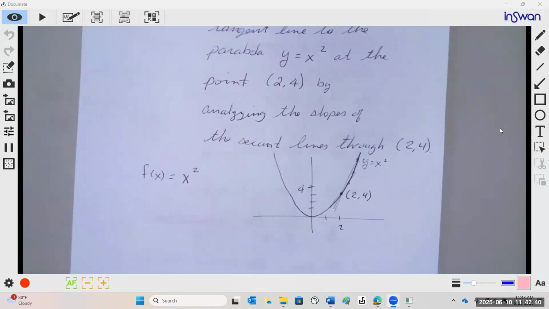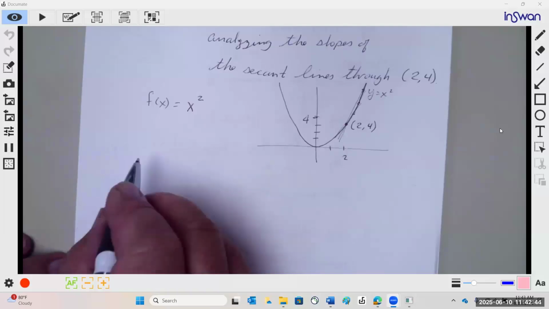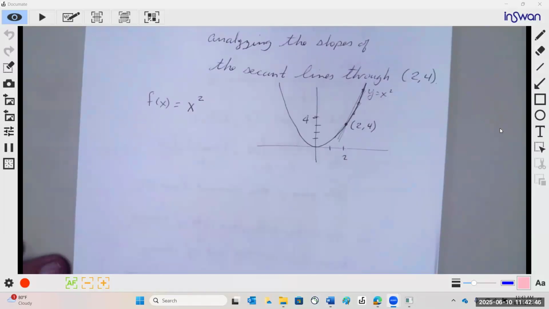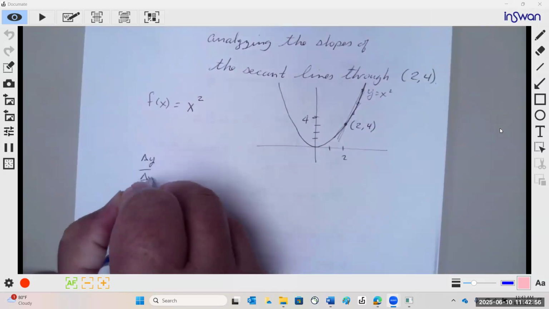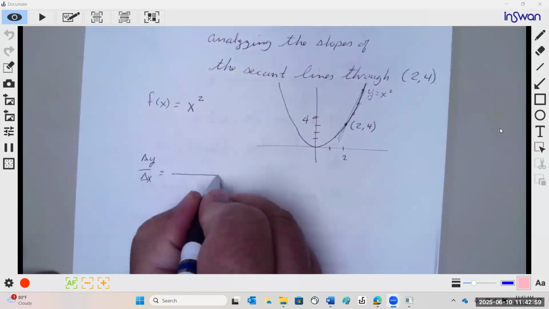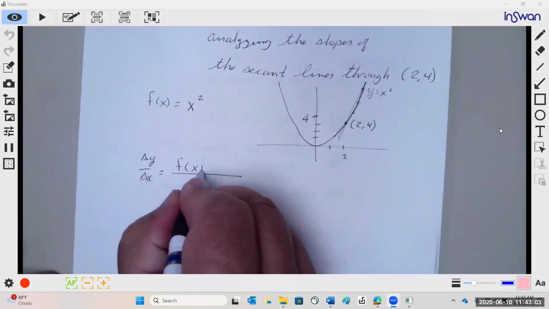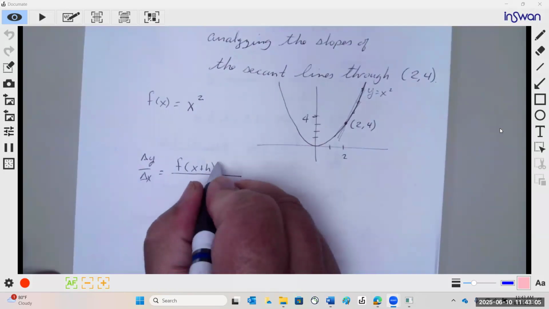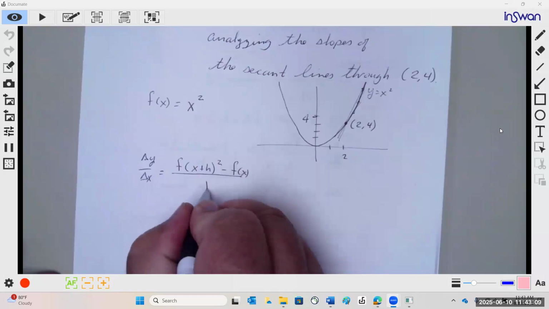So let's begin with the first one. What formula are we going to use? We're going to start off with delta y over delta x: f of x plus h minus f of x, over h.